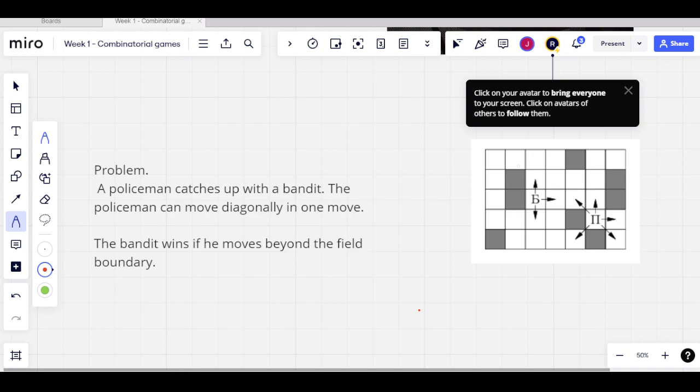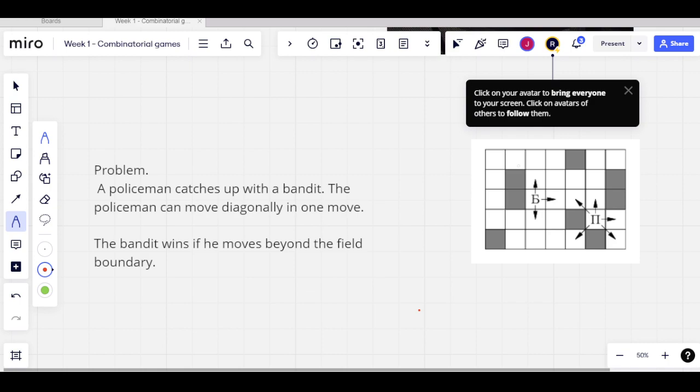And the win depends on who is the first player and on the positions of the players.